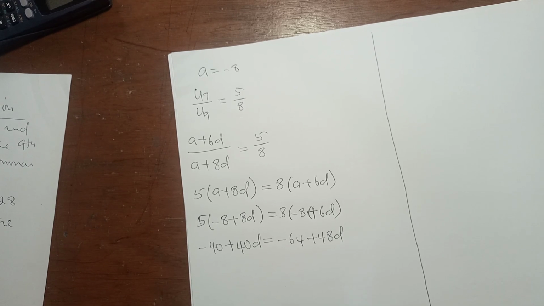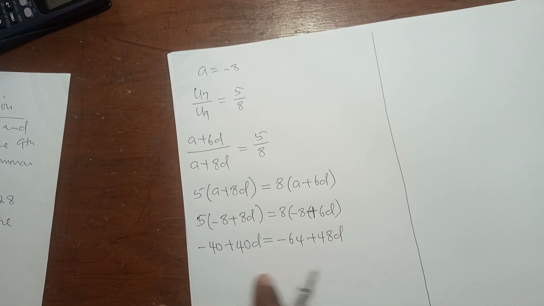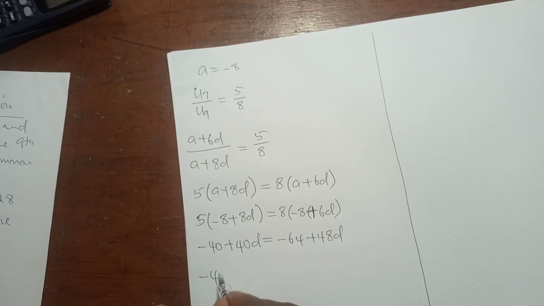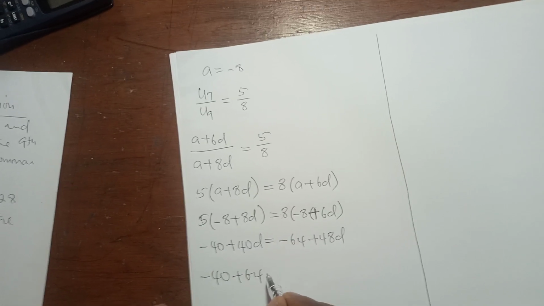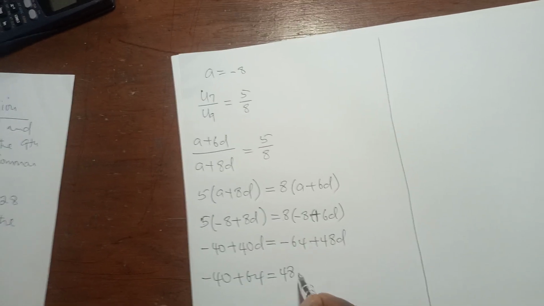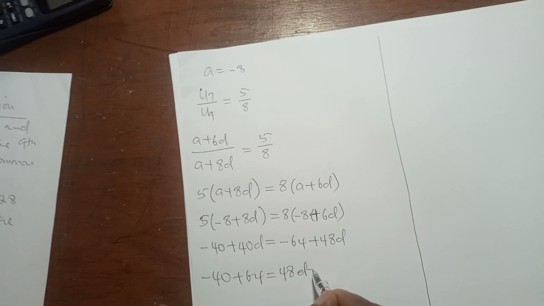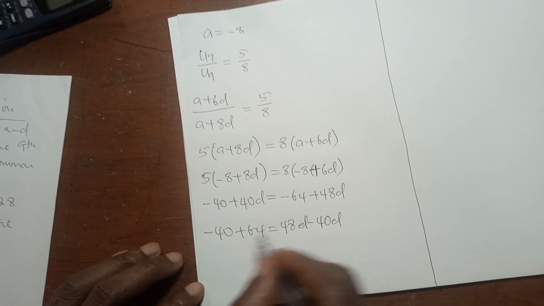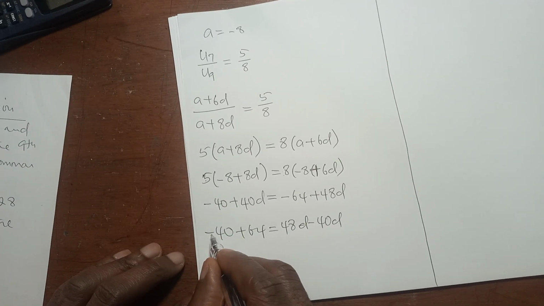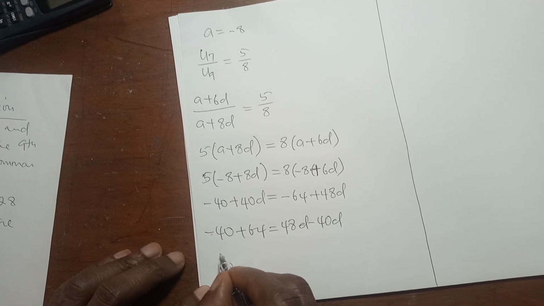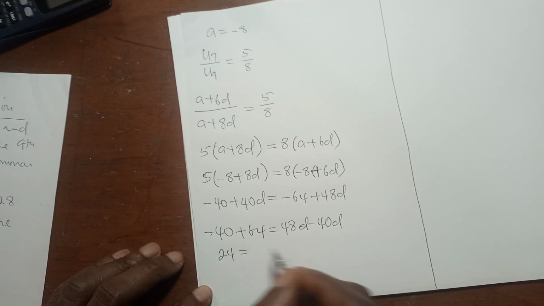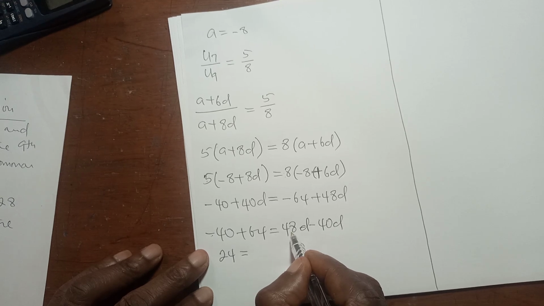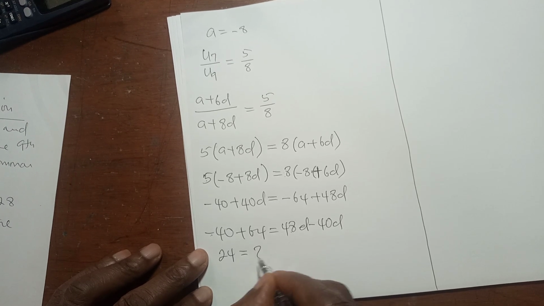Alright, so from here we collect like terms. I can move this one here and bring this one here. So we have minus 40 plus 64 is equal to 48D minus 40D. Negative 40 plus 64 gives you 24, equal to 48D minus 40D gives you 8D.